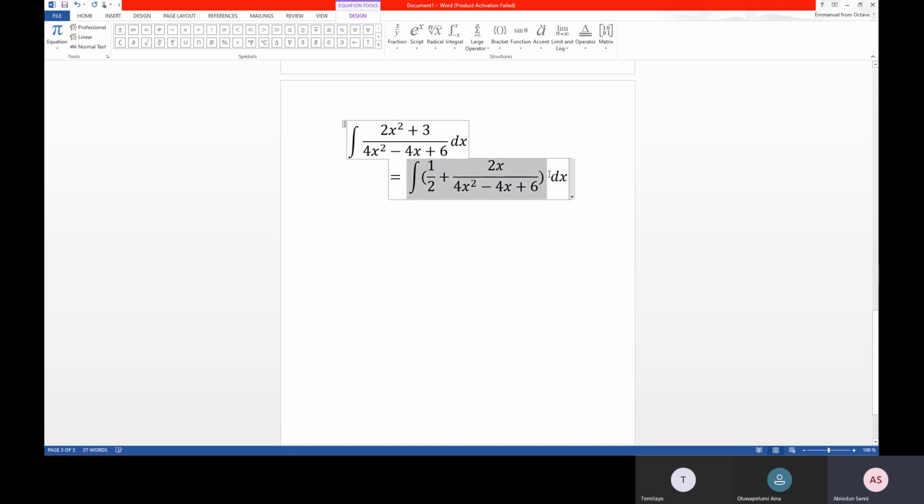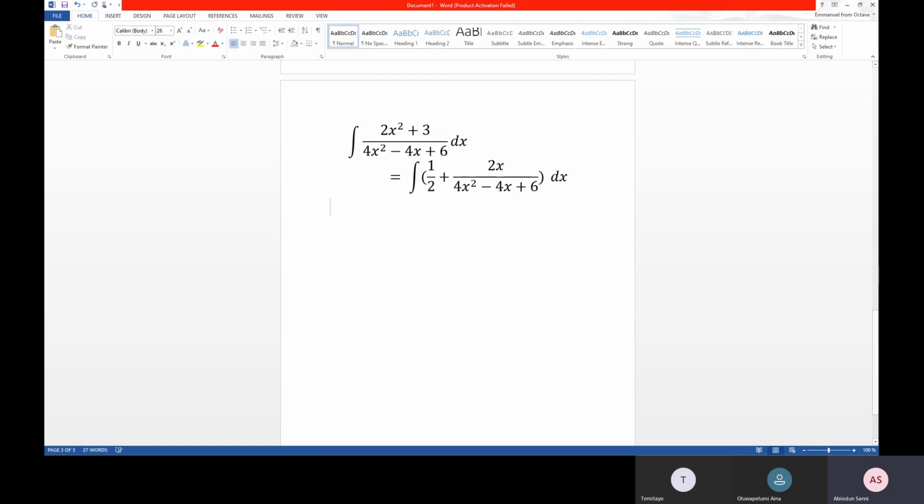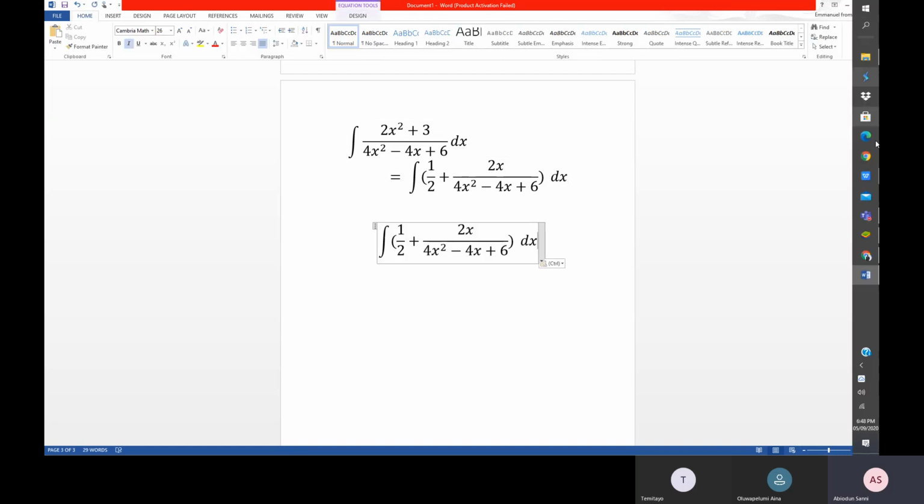Now, integration is also a linear operator. So what do I mean?